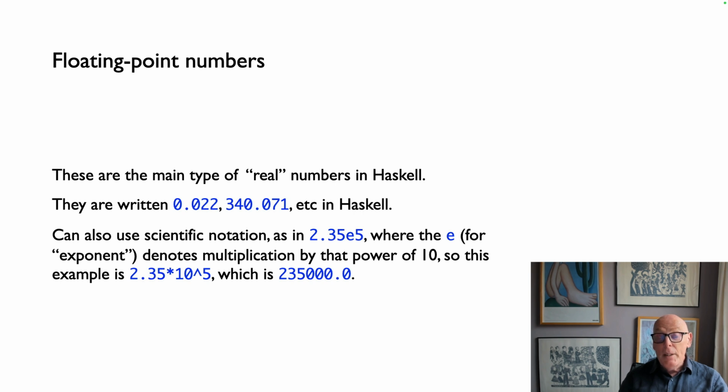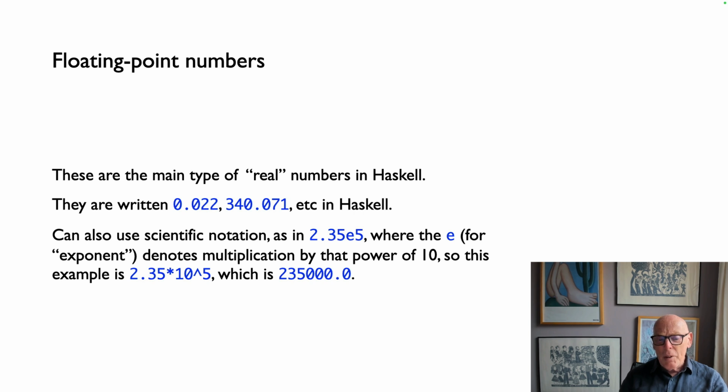These things are written by having the whole number part followed by a full stop, followed by the fractional part to base 10. But it's also possible to use scientific notation, where you write a value between 1 and 10 followed by e, and then an exponent, which is a power of 10.